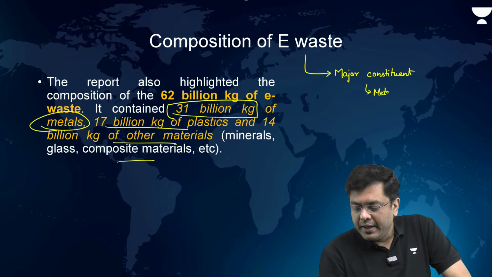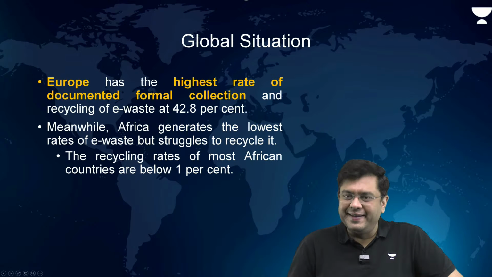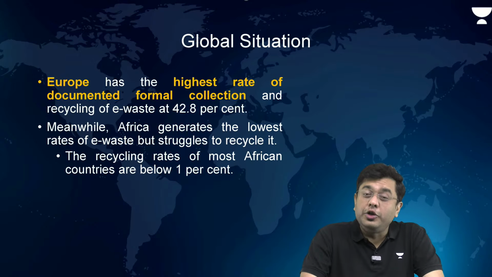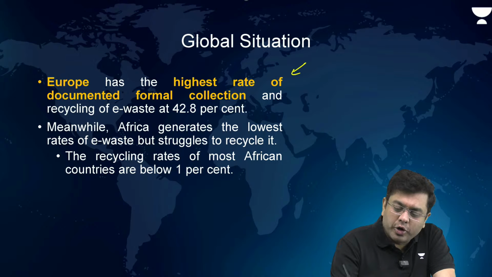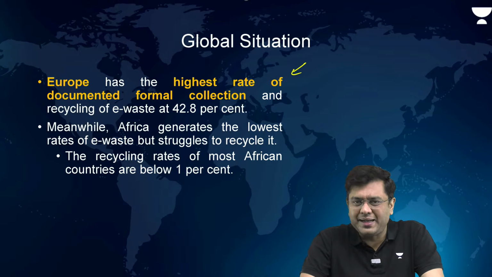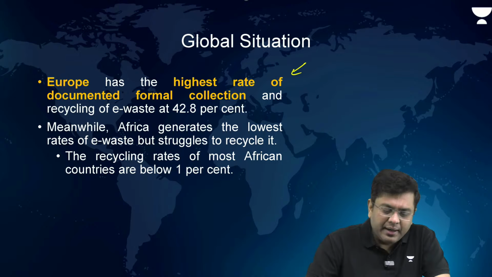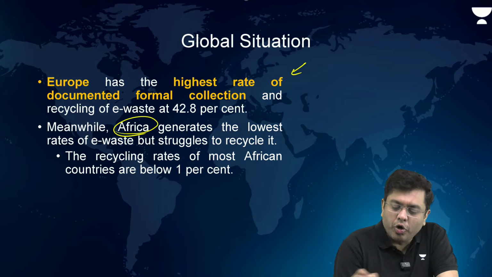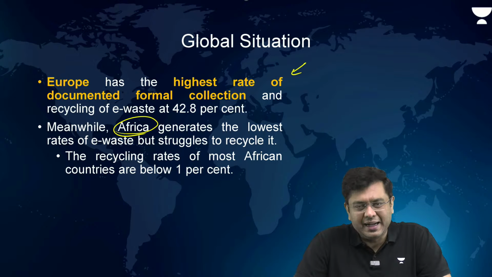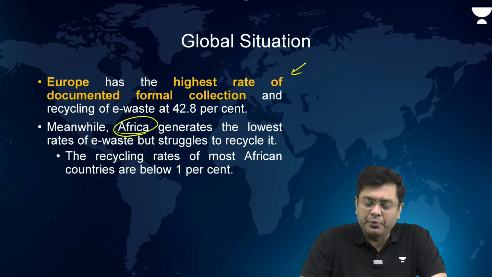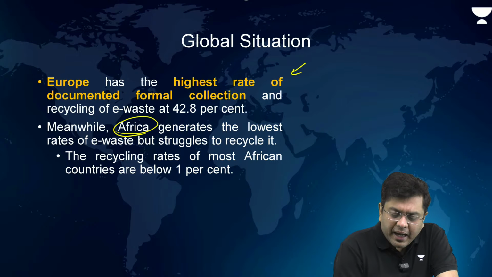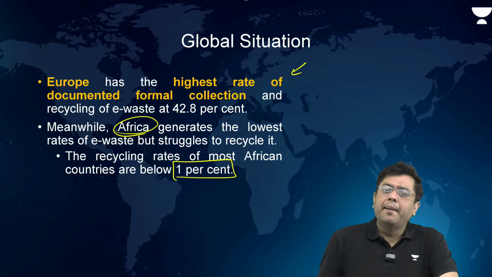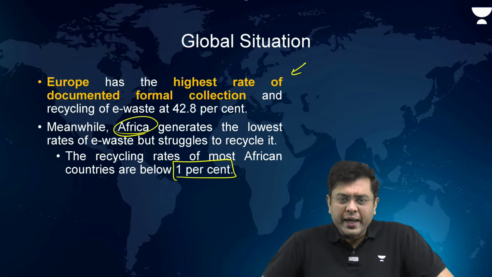Okay. Now, when we take a look at the global scenario, Europe has the highest rate of documented formal collection, which is expected, and Africa has the lowest rate of the handling capacity. The waste collection and processing is very low. In many parts of Africa, it is below 1%. Okay.